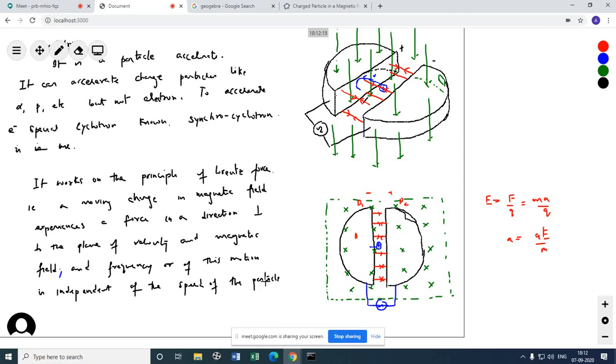Okay? Yes. Independent of speed of the particle.